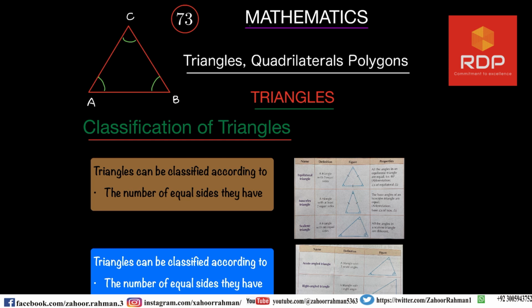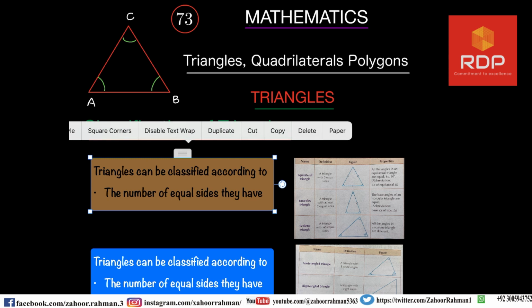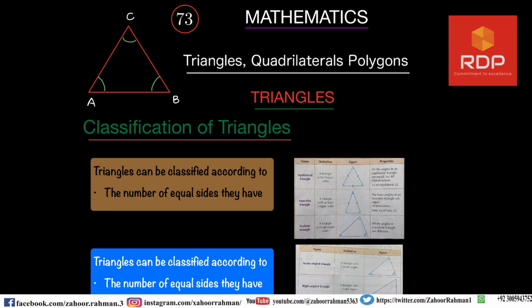So you can see that this triangle on the left side of your screen is labeled as ABC, in which there are three sides. The first one is this one, which is called side AB.